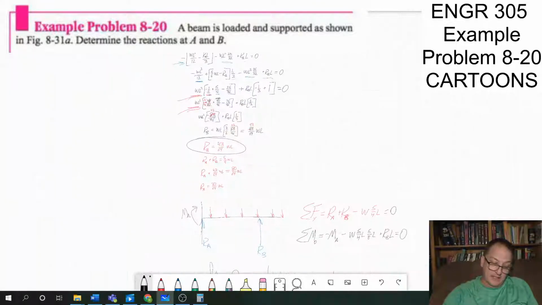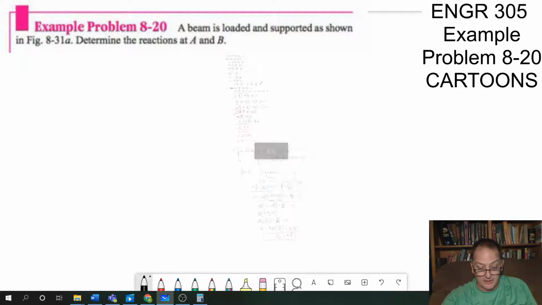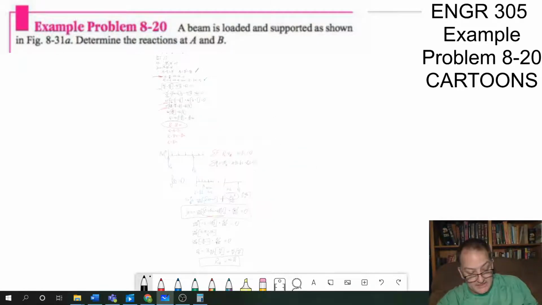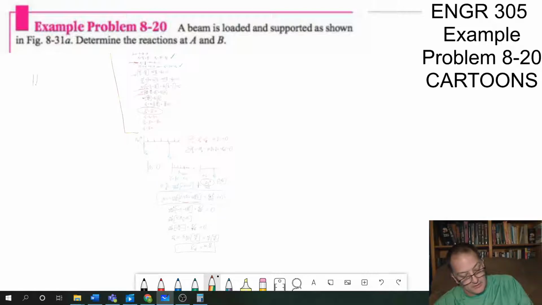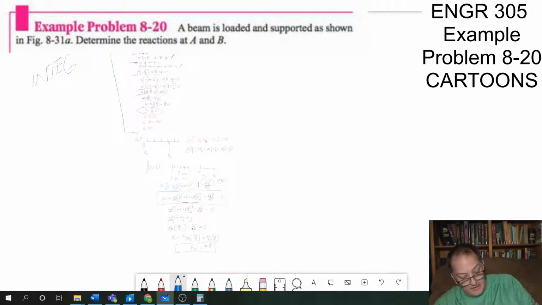Now, I'm not going to make a straight comparison in terms of the level of difficulty. But I'll say this. This is everything I did when I did integration. And then this down here is with cartoons.